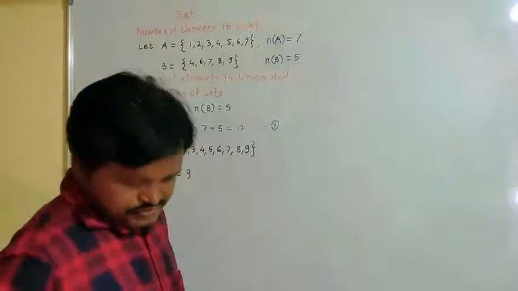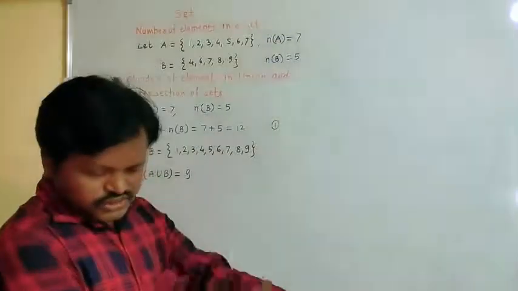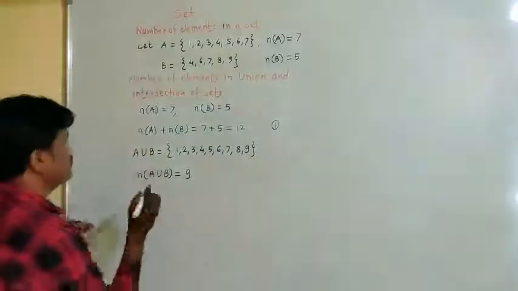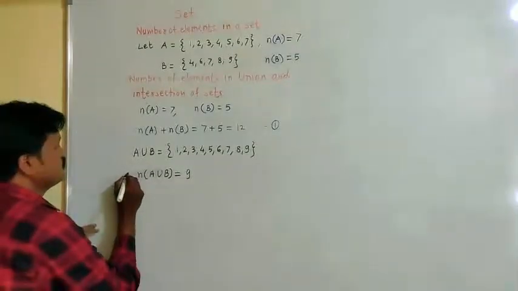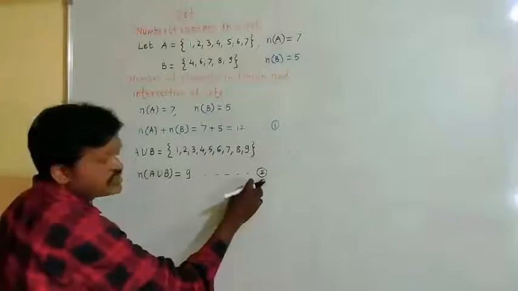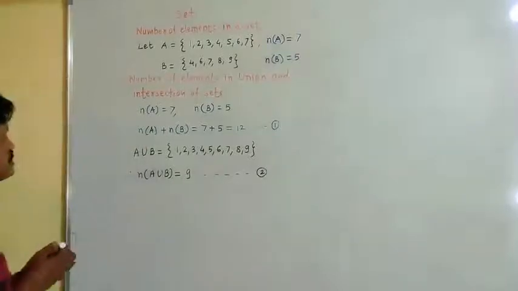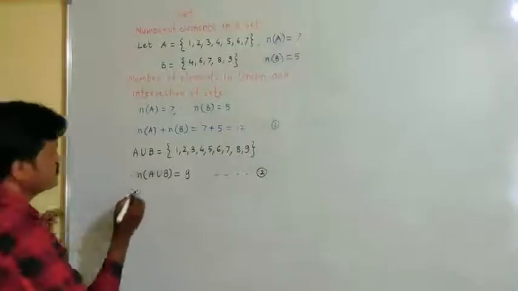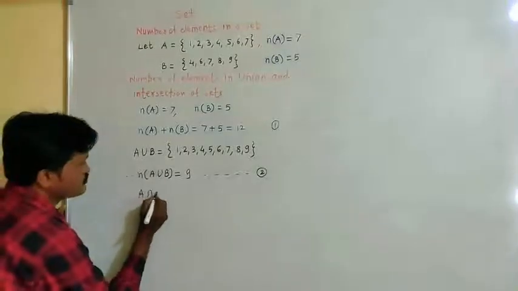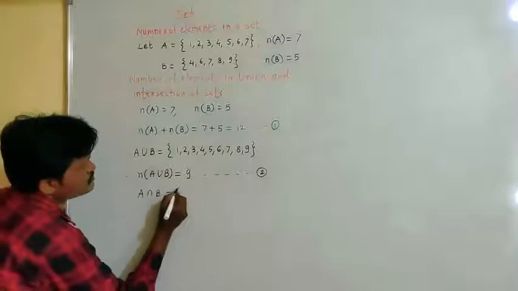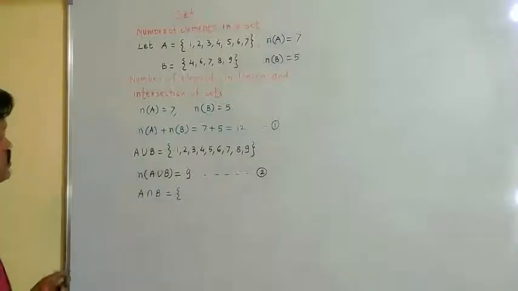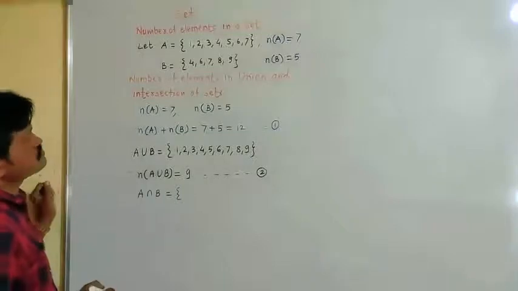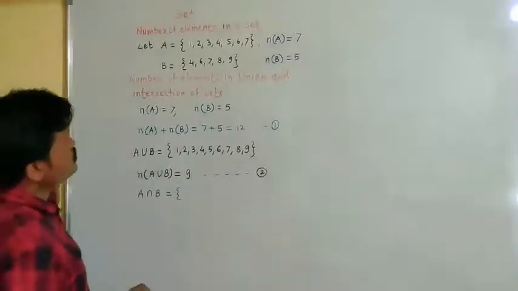Now that is how we write equation 2. Now we want here A intersection B. What is here A intersection B? So which are the common terms here?